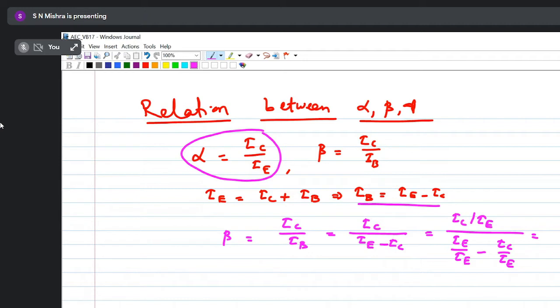So IC by IE equals alpha, divided by 1 minus alpha. That implies beta equals alpha by 1 minus alpha.